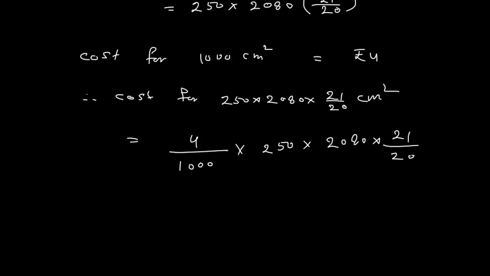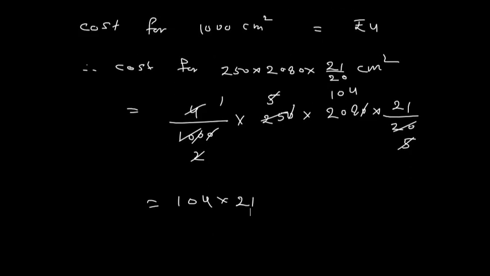Okay. So this 10 I will cancel from here. 10 I will cancel from here. Then 4 ones are 4, 4 5s are, so I will cancel, and 5 ones are 5, 5 5s are 25. Okay. Then we have 5 ones are 5, 5 twos are 10. I will cancel. Then this 2 ones are 2, so this is 104. So finally I have 104 into 21.